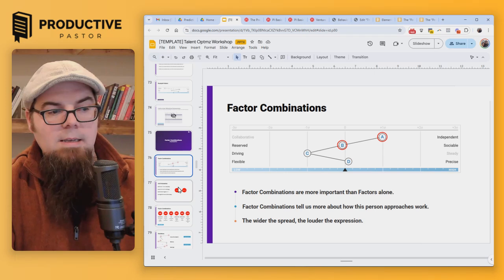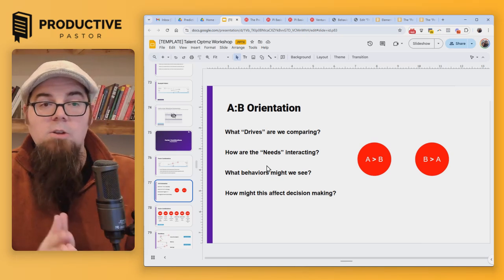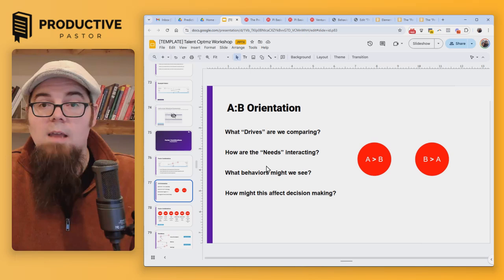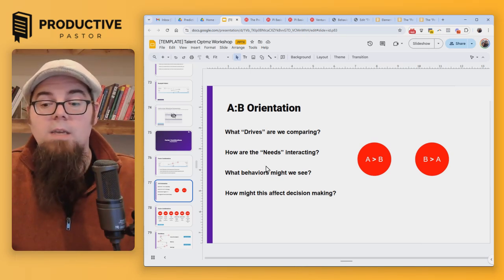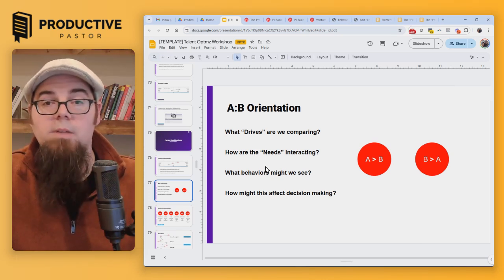Does that make sense? And so this can affect the needs, it can affect behaviors, it can affect problem solving. And when we know what a person is like and what drives beat out other drives, we can get a pretty accurate prediction of how they're going to handle problems in the workplace.